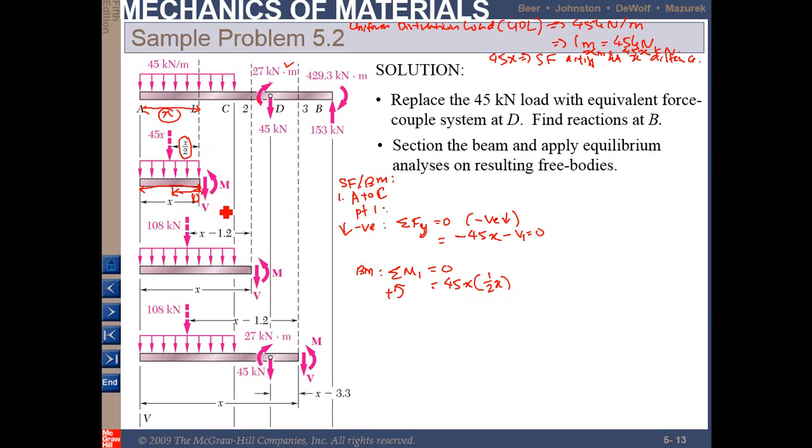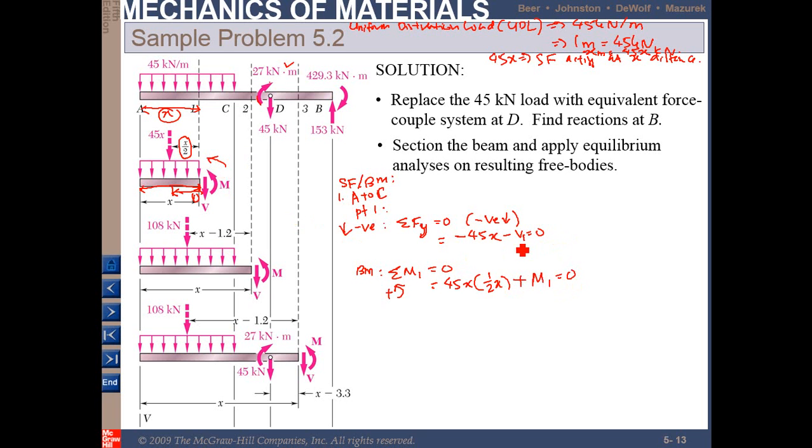And then there is a moment here which is positive as well, because the direction is counterclockwise, so you have to plus M1, which is equal to 0.